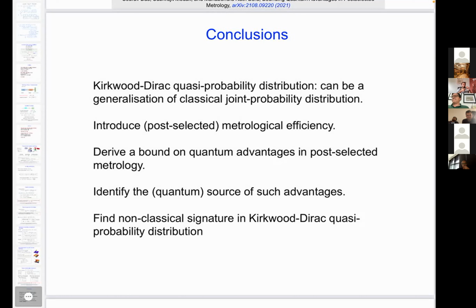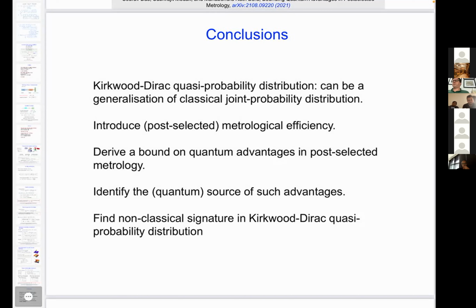So they are claiming that you need to have a negative element at the level of the extended Kirkwood-Dirac quasi-probability distribution. We didn't go to the extended Kirkwood-Dirac quasi-probability distribution. We ended only up to the standard Kirkwood-Dirac quasi-probability distribution. But our intention was to check what would be the quantifier.